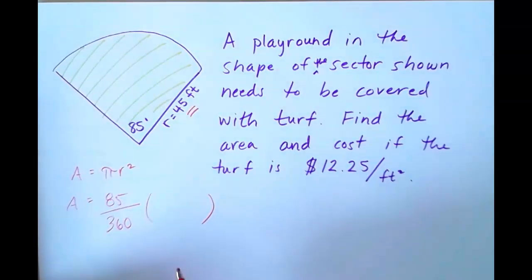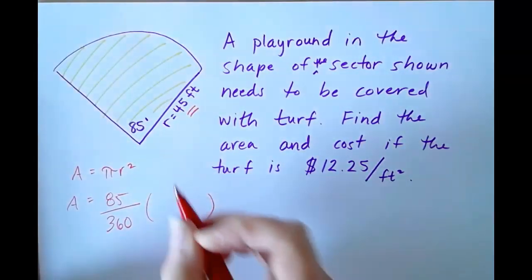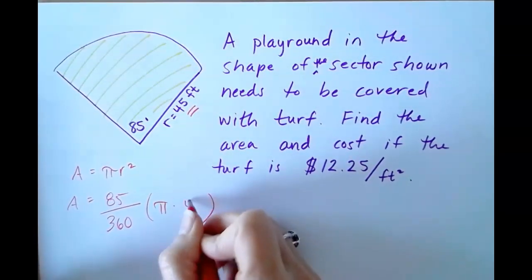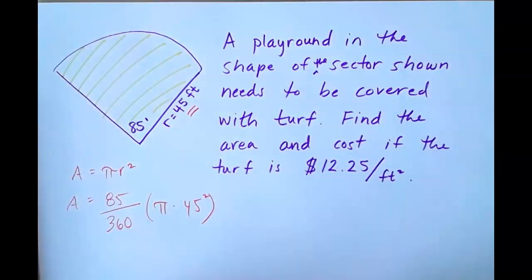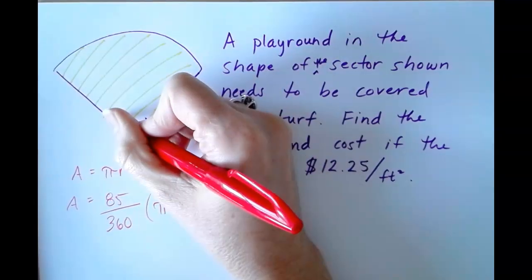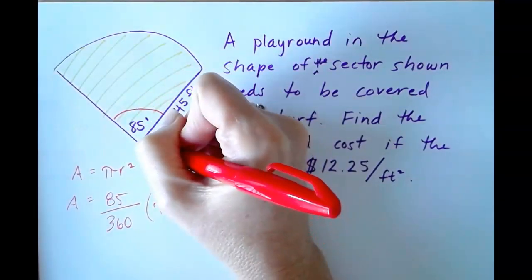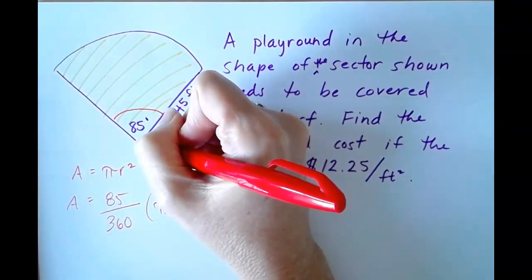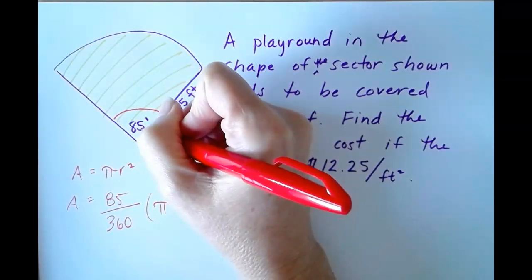Our r in this situation is 45. So pi times 45 squared. So this is a fraction of the area of a whole circle. And this fraction is based on the fact that this is a central angle and it is 85 degrees.